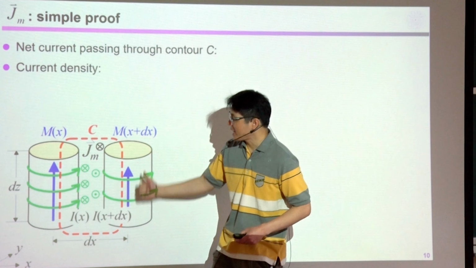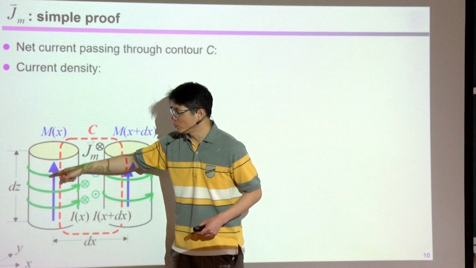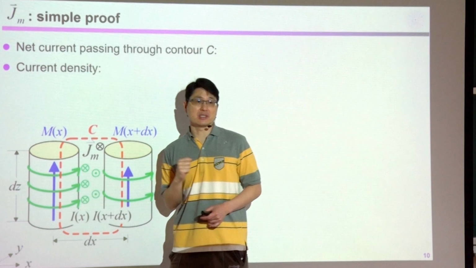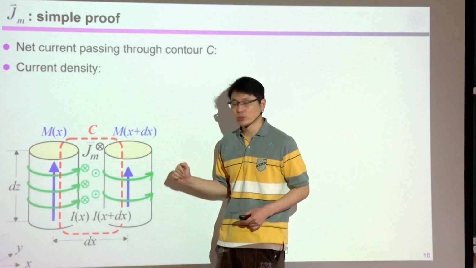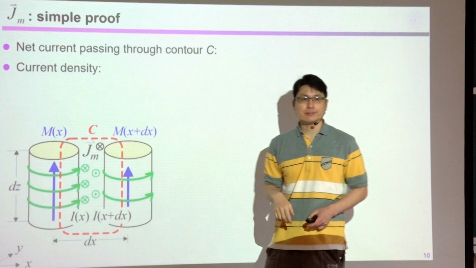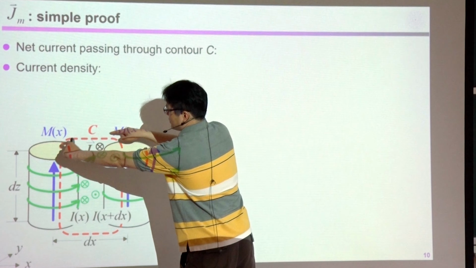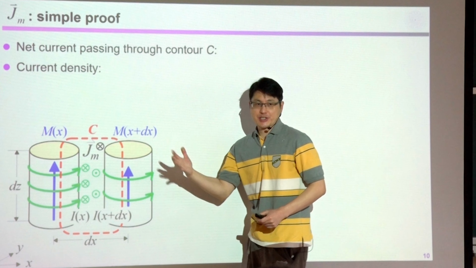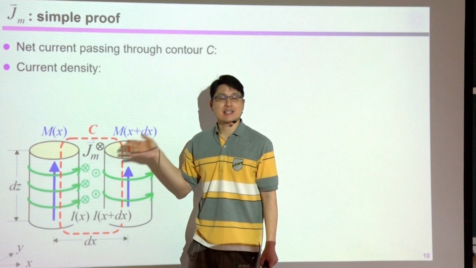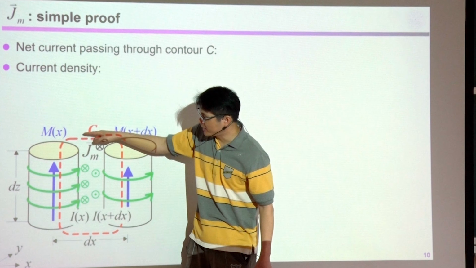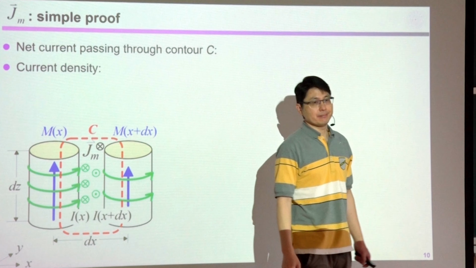So with the same externally applied magnetic field, the left one can give you 3 units of magnetic dipole moments, but over to the right, only 2. Now we form a closed loop, right? A surface. And we ask ourselves, what is the net current penetrating this closed surface area C?